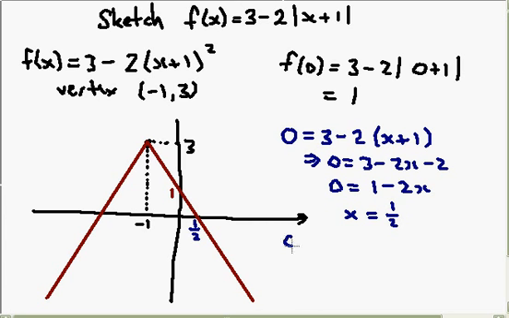And I also solve the equation 0 is equal to 3 plus 2 lots of (x plus 1). So 0 is equal to 3 plus 2x plus 2.